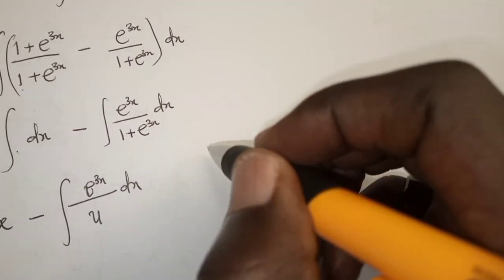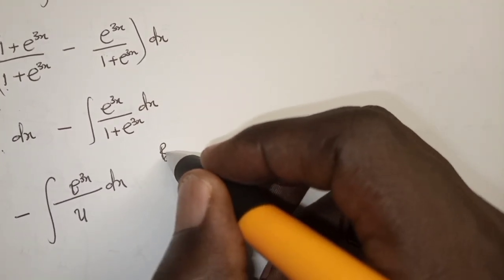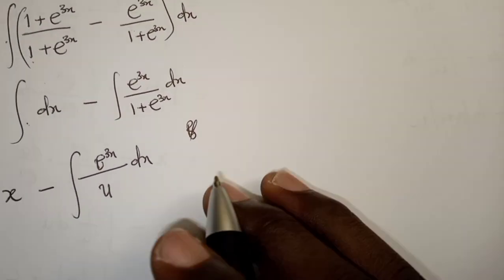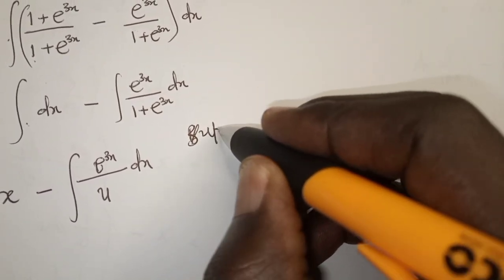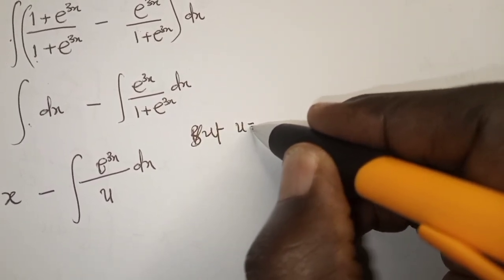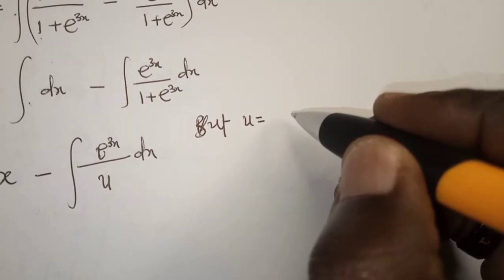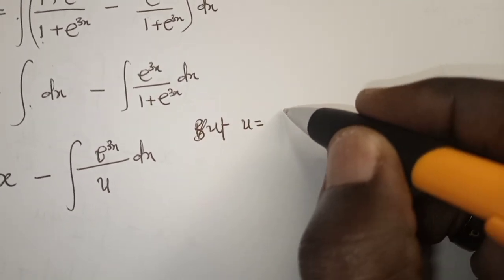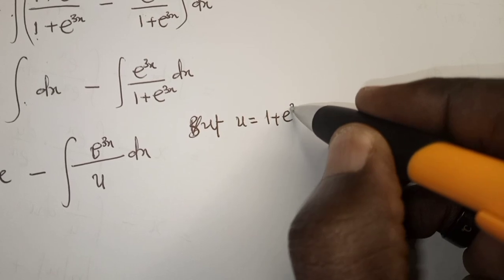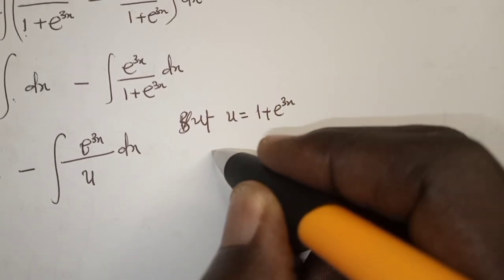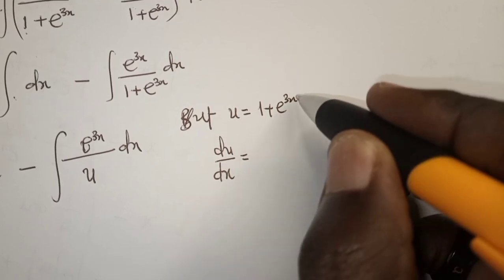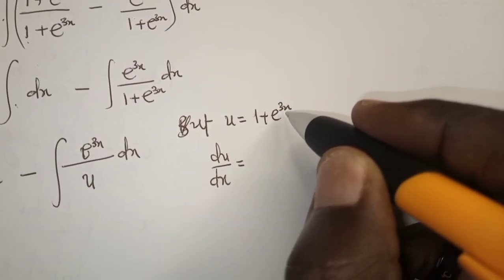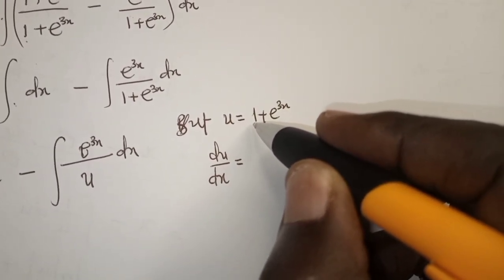So we know that u equals 1 plus e exponent 3x. So the du in terms of x: when you differentiate this, you get 0.